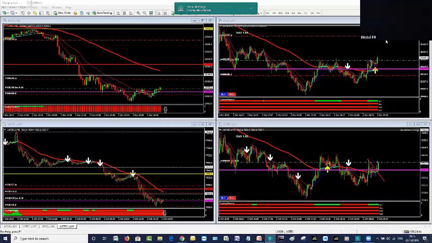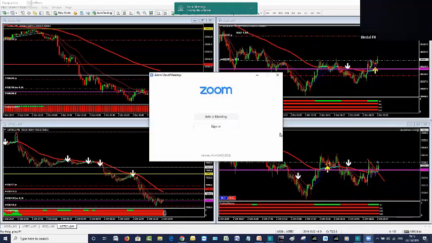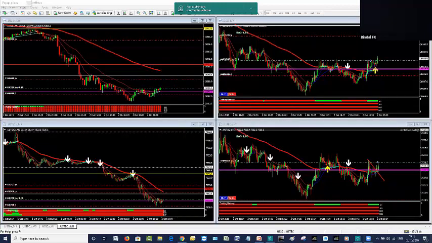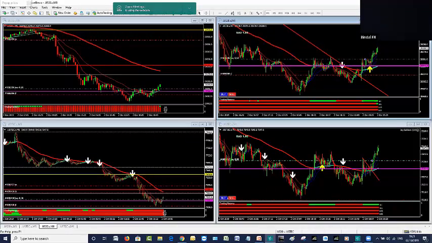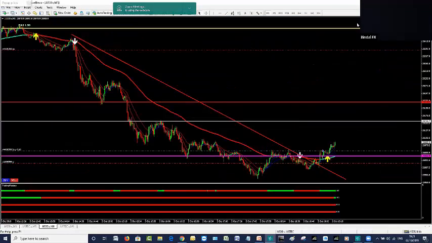US30 now, it's about 10 pips in profit. Okay, US30 now, it's 30 pips in profit.